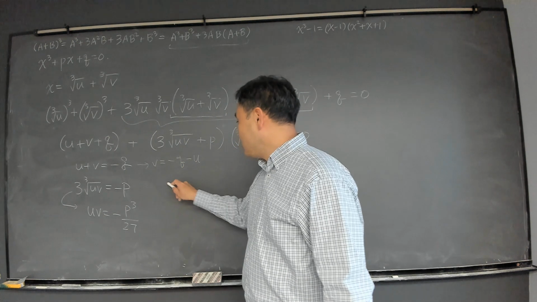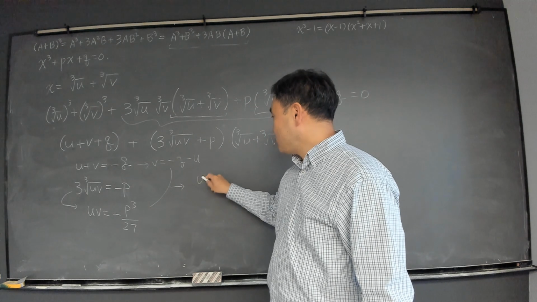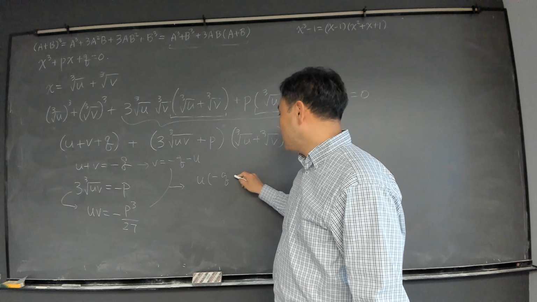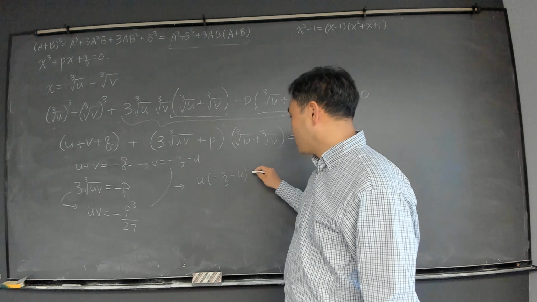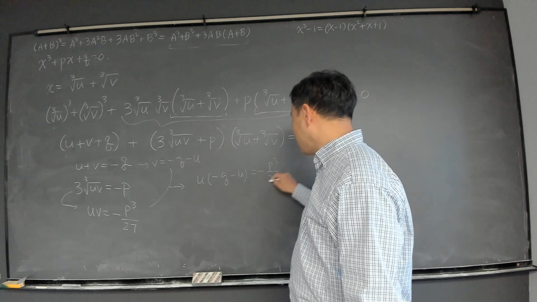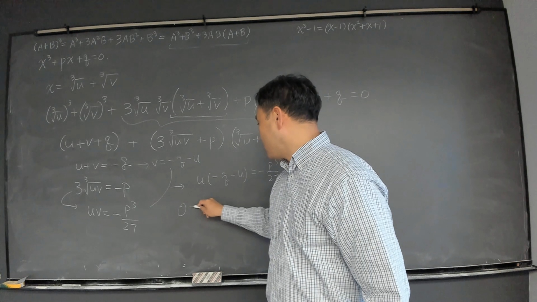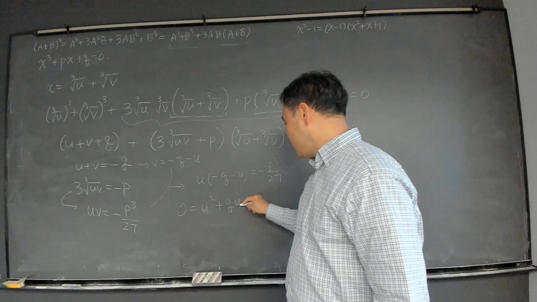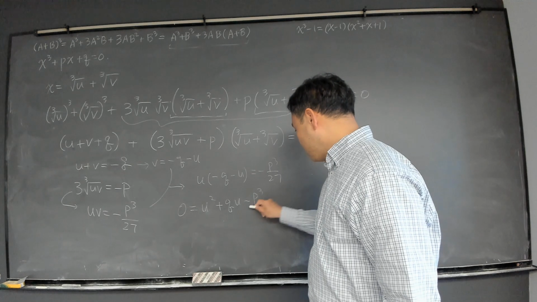So these two together, you get u times negative q minus u equals negative p cubed over 27, and then you move this to the other side, so you get 0 equals u squared plus q times u plus minus p cubed over 27.